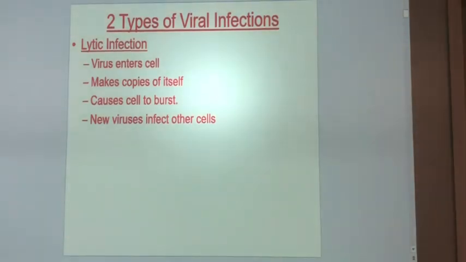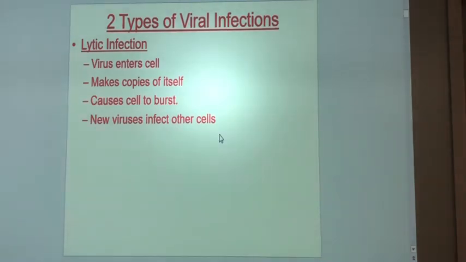So the lytic infection. The flu is a good example of a lytic virus. Poliovirus is a good example of a lytic virus. So get both of those. The flu is a lytic virus.